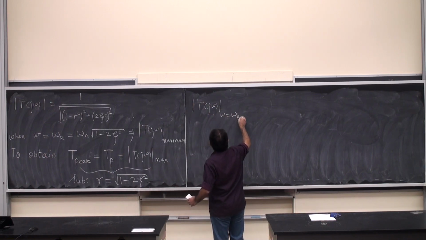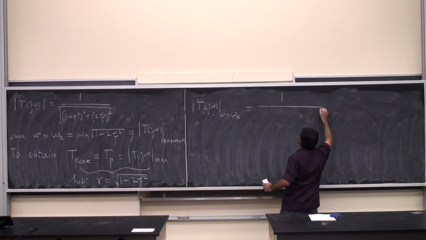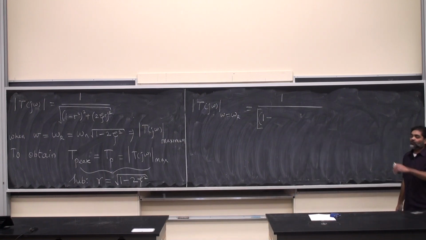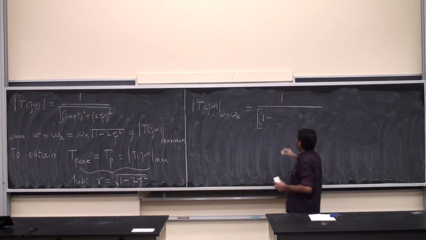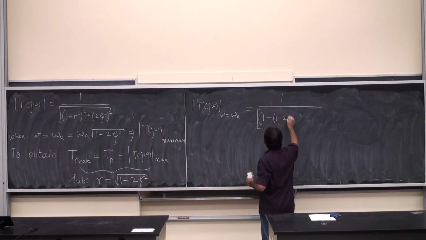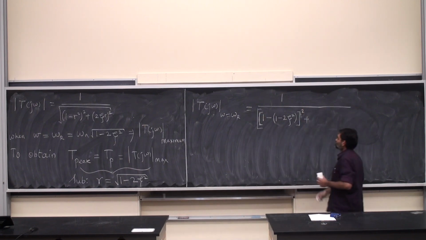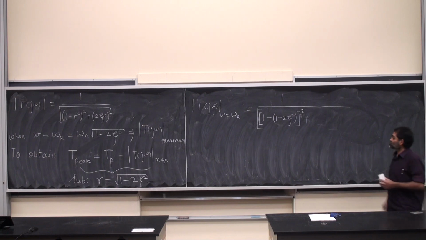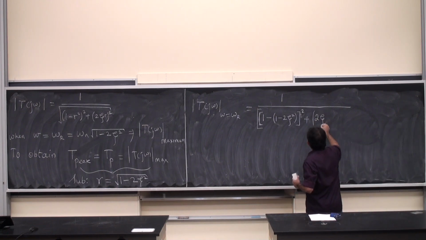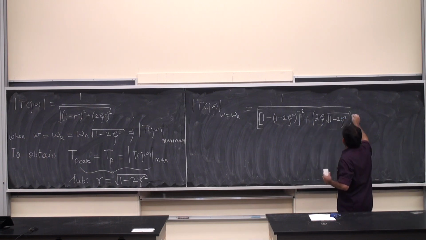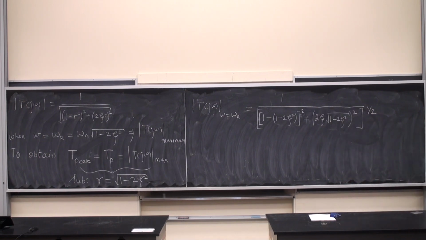Omega is equal to omega r, which is 1 minus r square, which is square root of 1 minus 2 zeta square whole square, or 1 minus 2 zeta square whole square, and then 2 times zeta times r whole square, so that's 2 zeta times square root of 1 minus 2 zeta square whole square, all of this square.